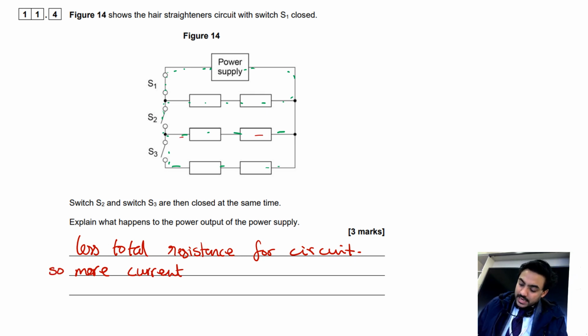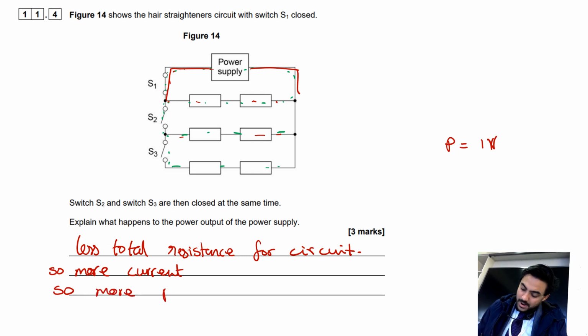Not more current here or here or here, more current overall in this section of the circuit. So there's more current, and remember, power is equal to current times potential difference. So same potential difference, more current, so more power output. 3 marks, jolly good.